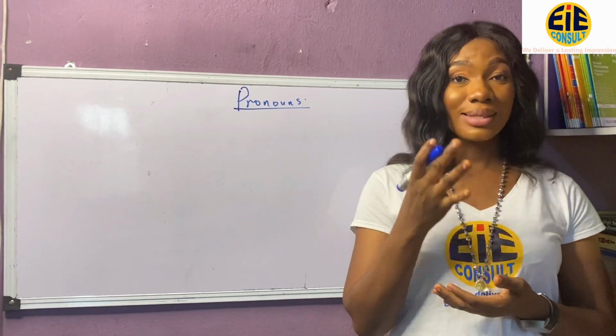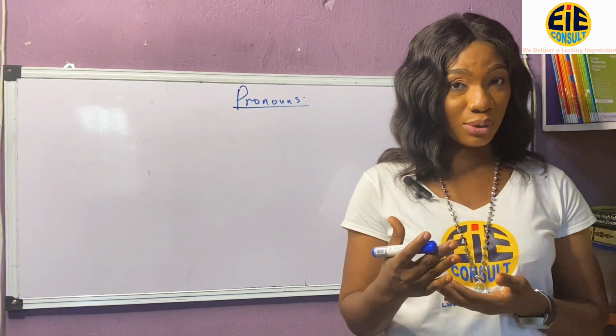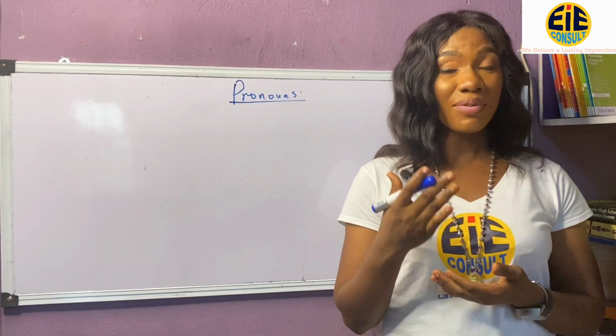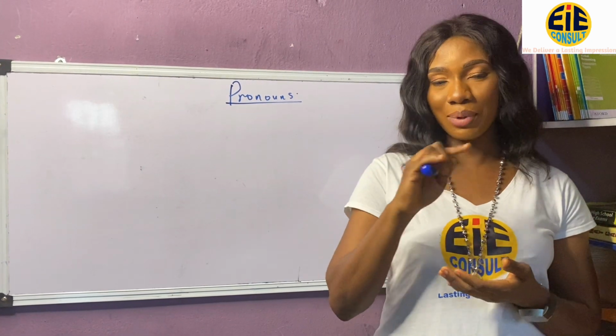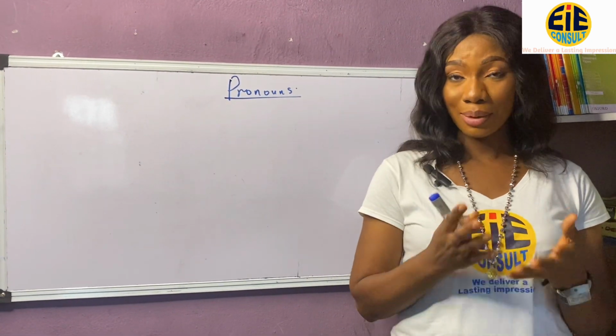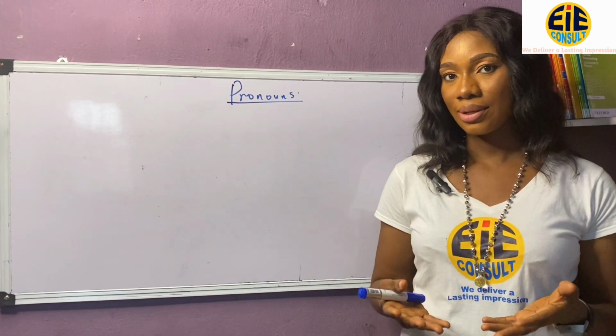When writing, take note of the times you always repeat subjects, the things you talk about. Nouns. Whenever you repeat them, it's a pointer that you have to, perhaps when proofreading, replace them with what? Pronouns. So pronouns replace nouns in sentences. All right?